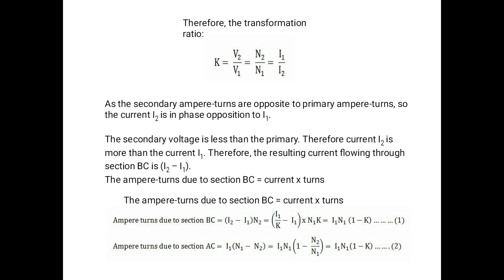Now ampere turns due to section AC is equal to I1 times (N1 minus N2), which is I1N1(1 minus N2/N1), where N2/N1 is the turn ratio, which can be written as K, that is I1N1(1 minus K), equation number 2.